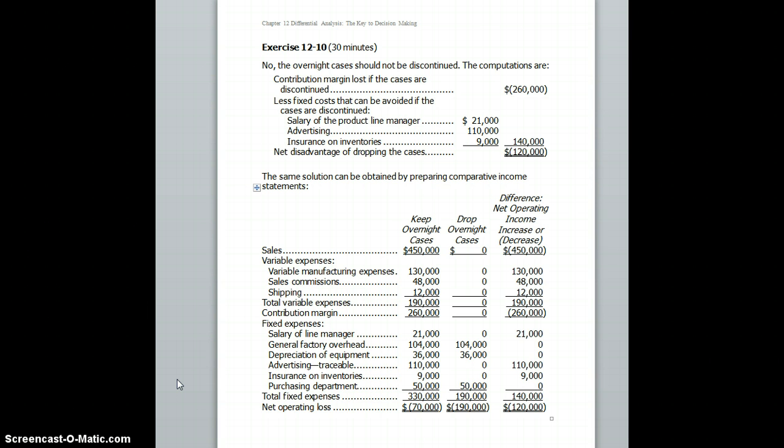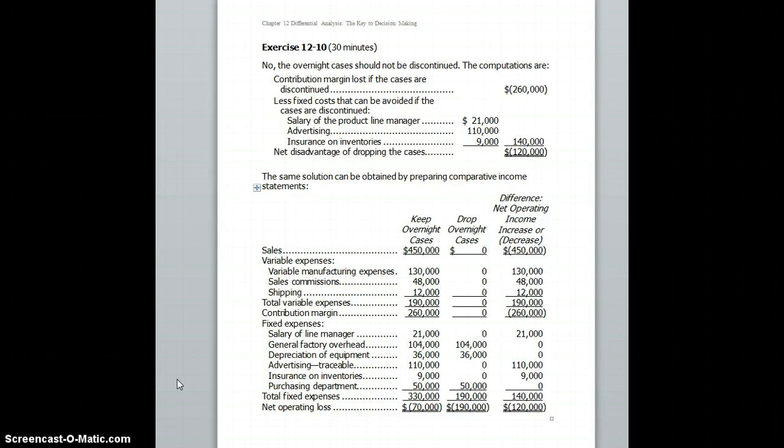In addition, they have a bunch of expenses: salary of the product line manager, general factory overhead, depreciation of equipment for which it has no resale value, some advertising which is traceable, in other words it's directly related to overnight cases, insurance on the inventory, and some costs for running the purchasing department. We are told in the problem that the purchasing department and the general factory overhead would still be there. Those costs would still be present in the company if they got rid of the overnight cases.